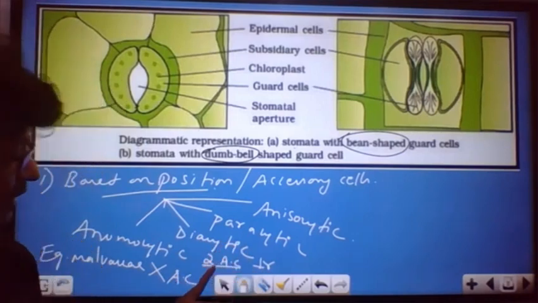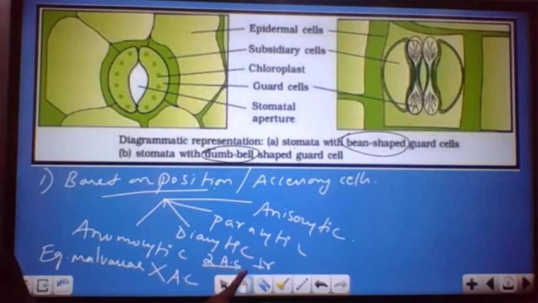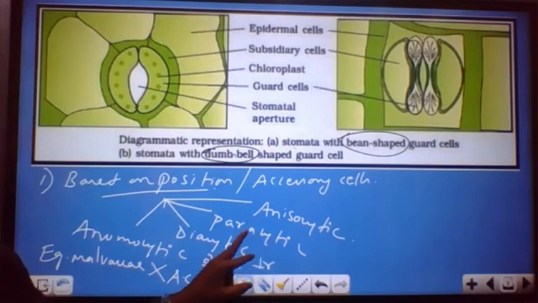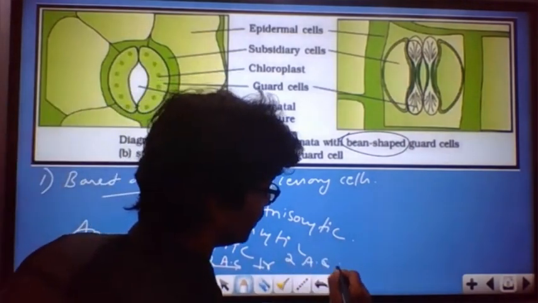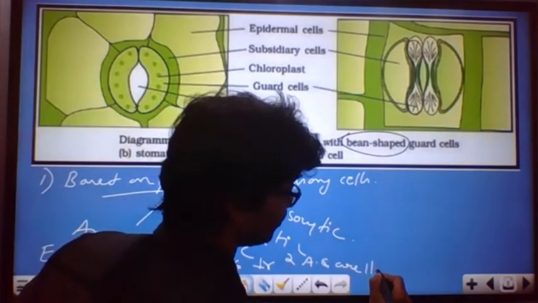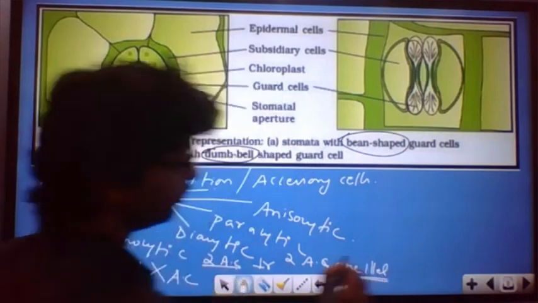So diacytic has two accessory cells perpendicular to each other. Then you come to paracytic, where two accessory cells are parallel to each other.